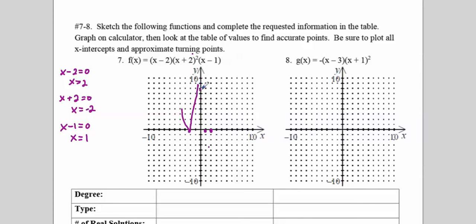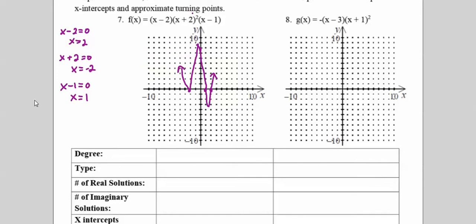It's going to go to the y-intercept right here. Okay, so it should look something like that. Okay, so the reason why the polynomial bounces off the x-axis at negative 2 is because the factor x plus 2 has multiplicity 2, because it's being squared.